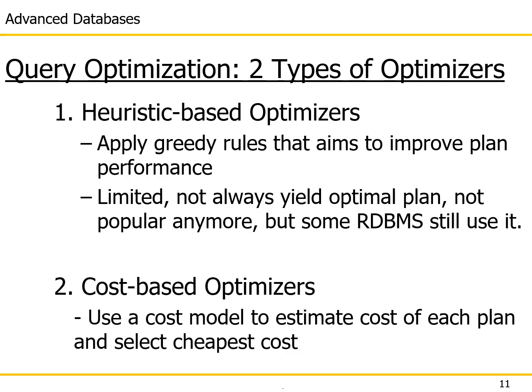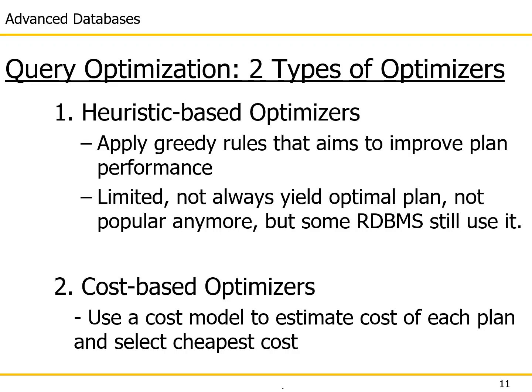Now, it's not really either or here. Some database engines would do most of the time cost-based optimizers, but they also implement sometimes heuristic-based optimizers. And you will need to learn about the database engine and how it's built to know for a specific database engine how the optimization is really happening.